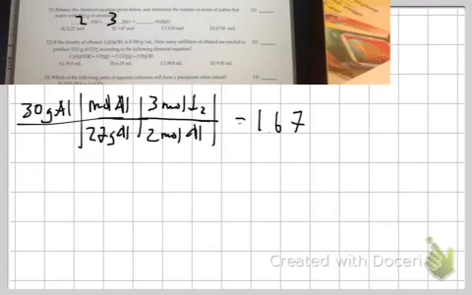And then the number of moles iodine, 3 moles I2 to 2 mole Al. So it just wants moles, so then you calculate that. 30 divided by 27 times 3 divided by 2. I'm getting 1.67, and that's B. There you go.